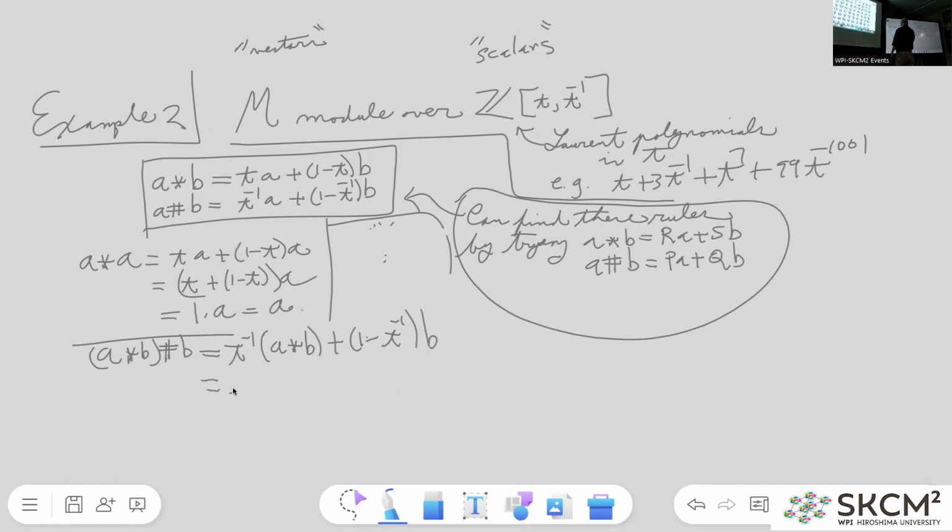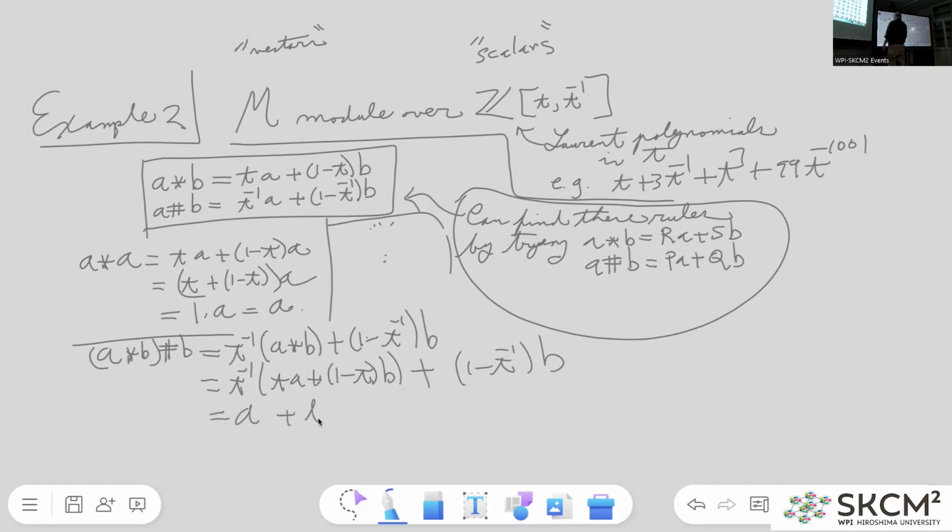Now, this is equal to T inverse times TA plus 1 minus T B plus 1 minus T inverse applied to B, and that's equal to A, there's an A, plus T inverse minus 1 times B plus 1 minus T inverse times B, and that's equal to A as desired, and the other way will go the same way, okay?